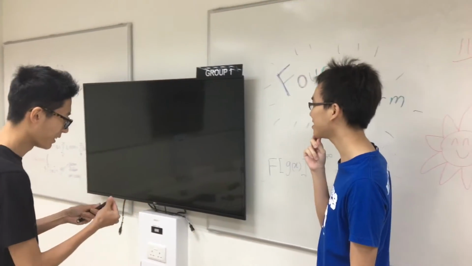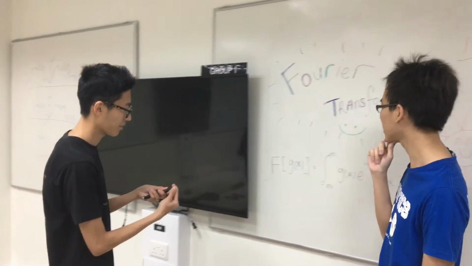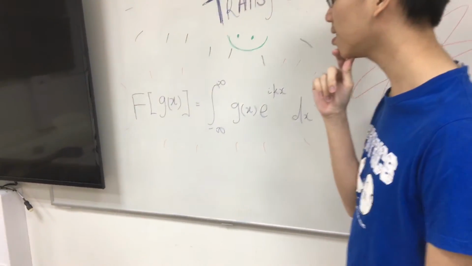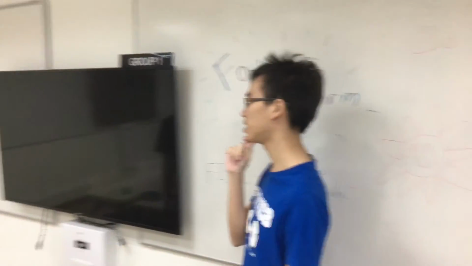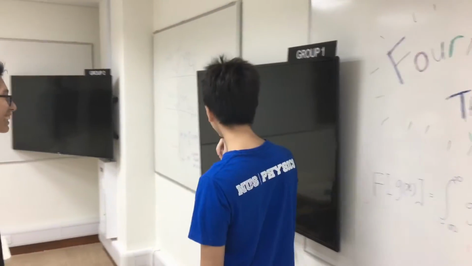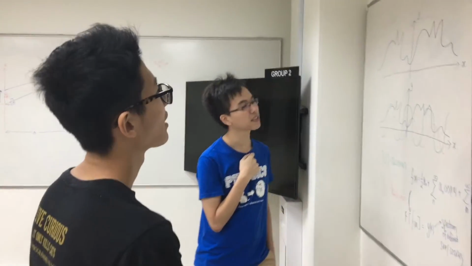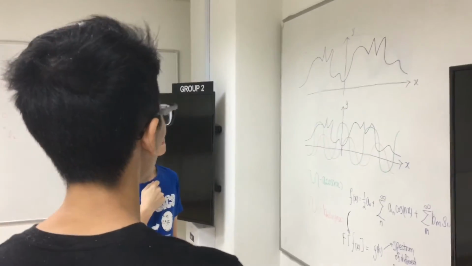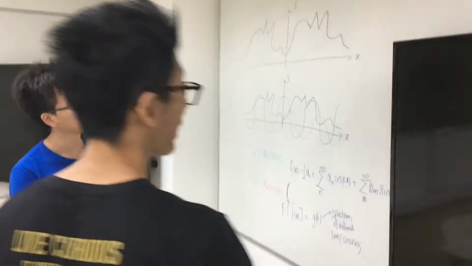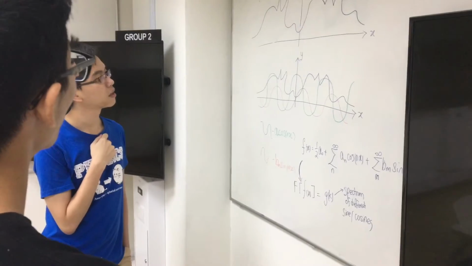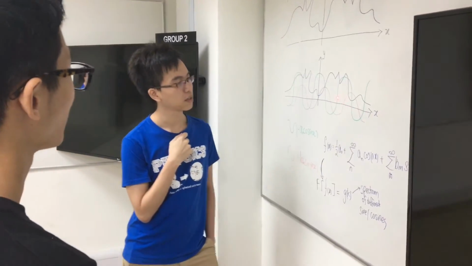Now, Fourier Transform can be generalized into this formula over here. But let me explain it further what this formula means. As you can see over here, with Fourier Transform we are taking a general periodic complex function such as this and breaking it down into simpler sums of cosines and sine waves.